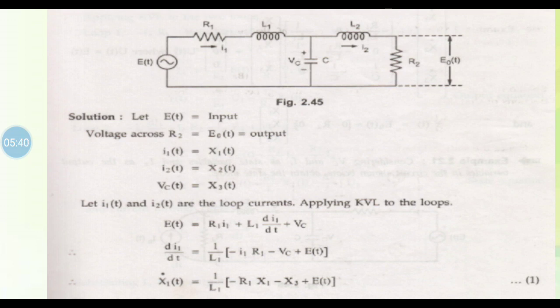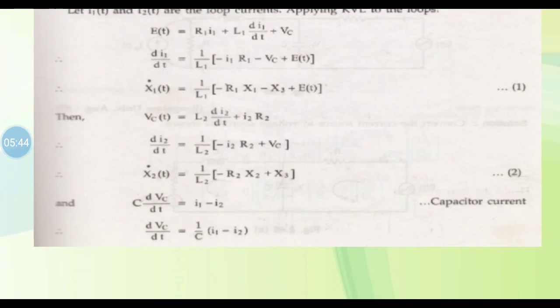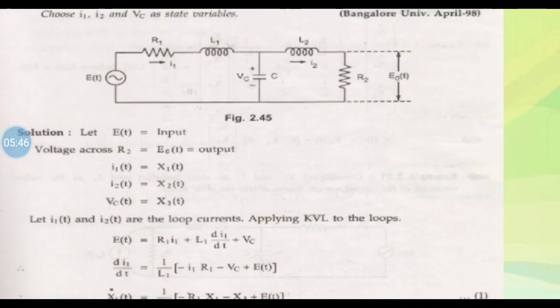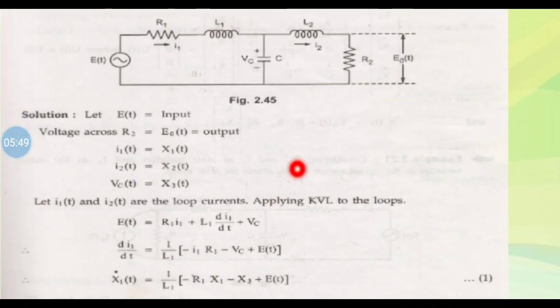Applying KVL to the loops, what we get is E of t is equal to R1 I1 plus L1 di1 by dt plus Vc. From this we can write di1 by dt as 1 by L1 into bracket minus I1 R1 minus Vc plus E of t.